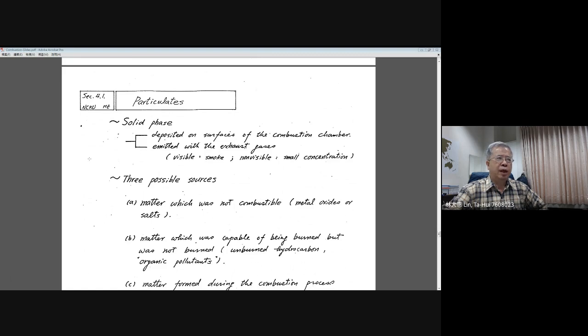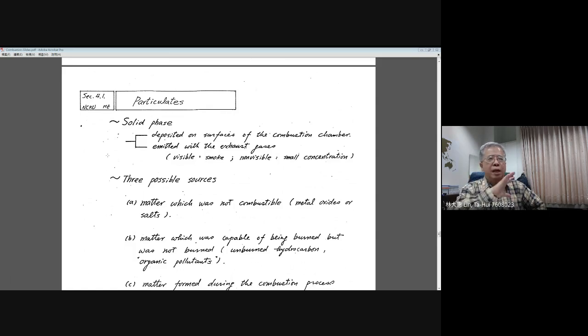For most combustion systems, depending on your burning situation, you always have a certain amount of solid particles emitted. If you have a large amount of particulates, then you can see the exhaust become black, right? We call this the so-called smoke.